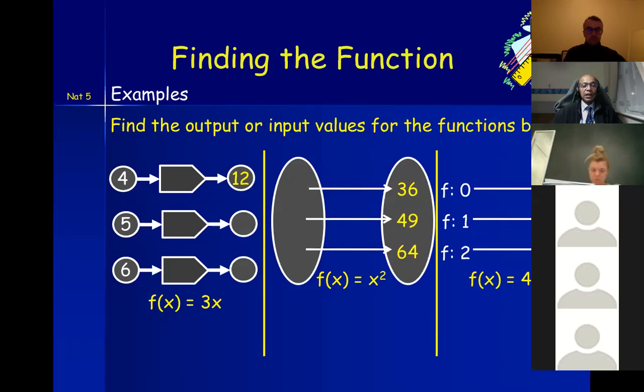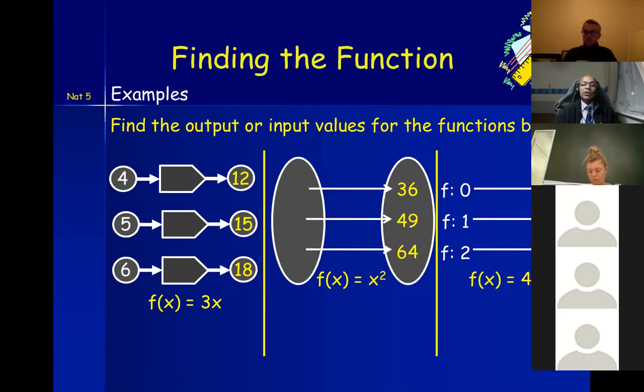It's just a calculator, that function. So the 5 will become 3 times 5, which is 15, and so on. The 6, if you were putting it into that function, would become an 18. So 3x gives me that.